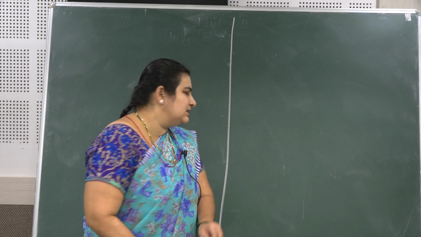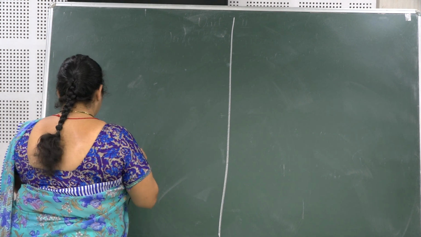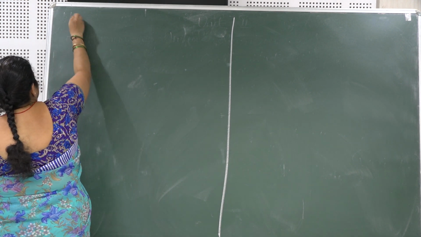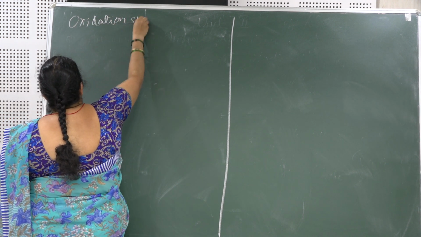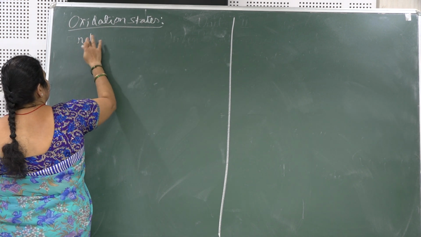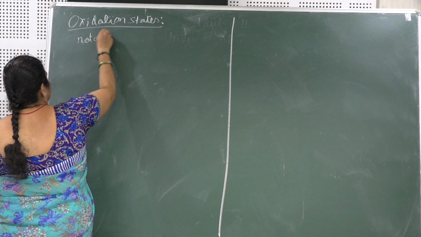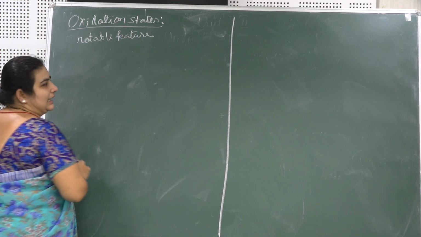Now, in this class, the next point is oxidation states possessed by d block elements. Oxidation states are a notable feature shown by d block elements.